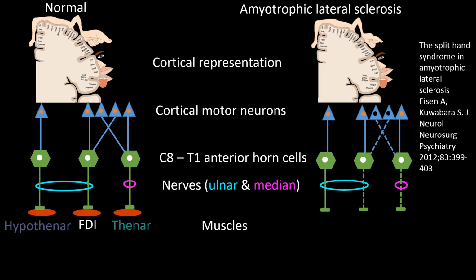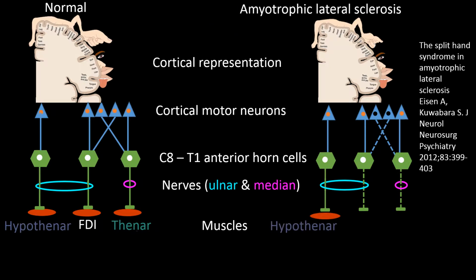Now, if you turn your eye towards the thenar side, you can see that I have represented the bulk of the muscles innervated by the median nerve in this frame. Now, going to the amyotrophic lateral sclerosis side, I will represent the muscles using the same parameters.